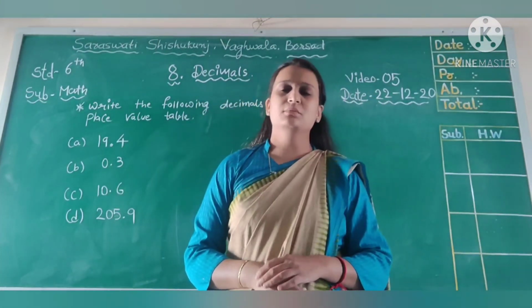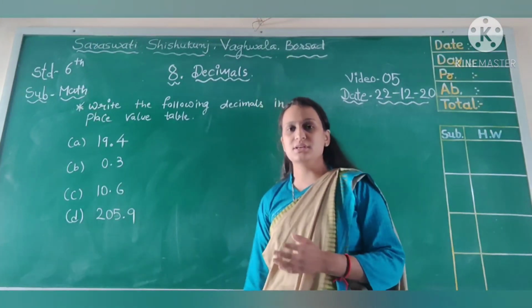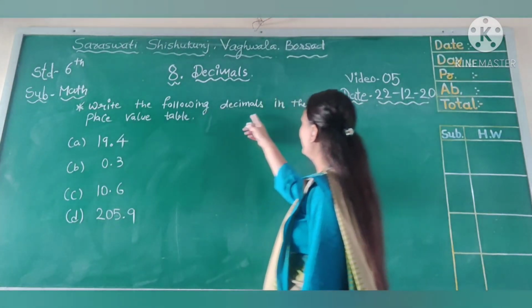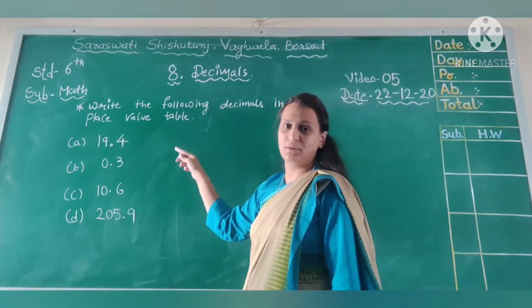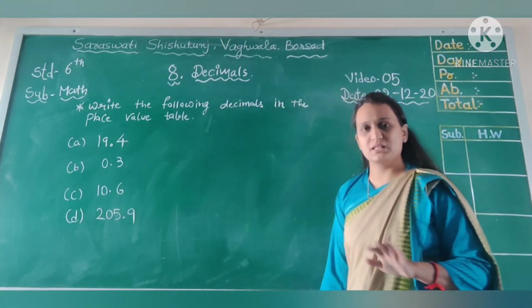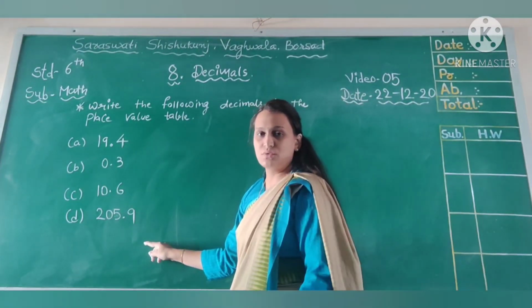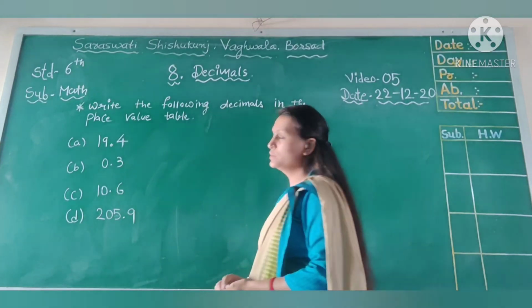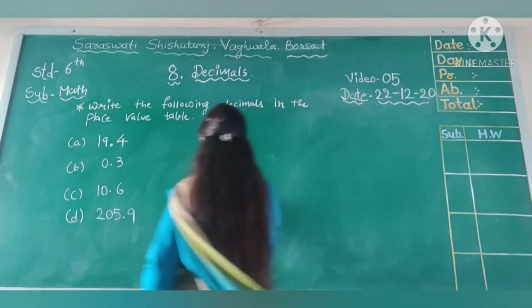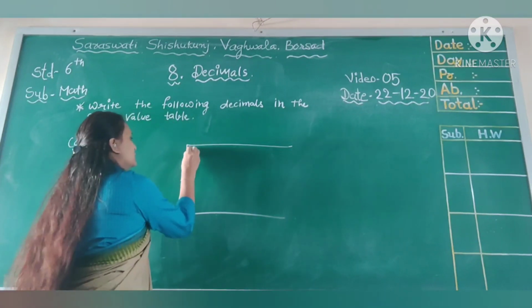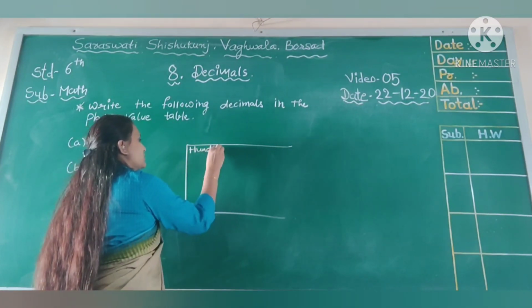Now, from the numbers, how we can define the numbers into decimal place value? So the question is that write the following decimals in the place value table. Means first we have to make the place value table, and then we are having different 4 numbers. Okay, so we have to define these 4 numbers into decimal table. So let us first draw the decimal table. So here, this is the hundreds, okay.